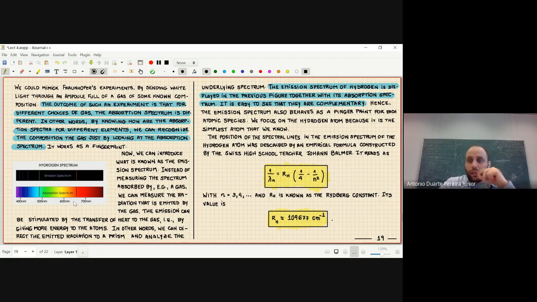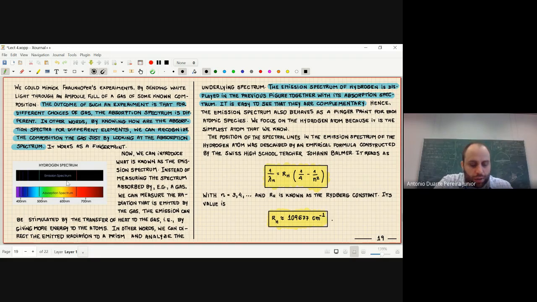Okay? Now you can reverse the question and take a gas made of hydrogen and heat up the gas. And as you know, this gas will now emit light. And you can pass the emitted light through a prism. And what you see is that the light emitted by the hydrogen gas is precisely the complementary picture of the absorption spectrum.